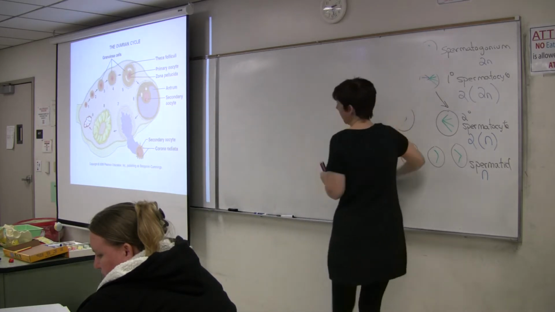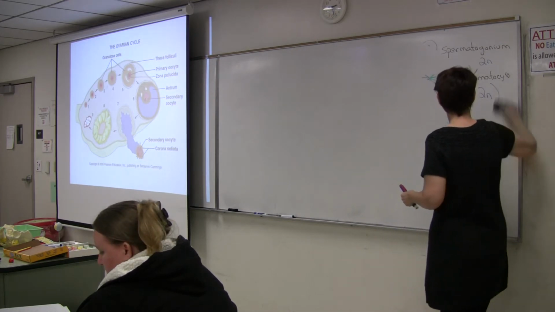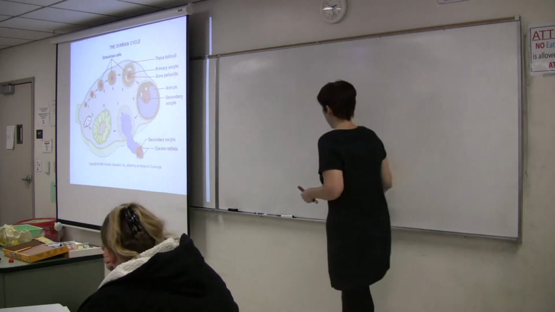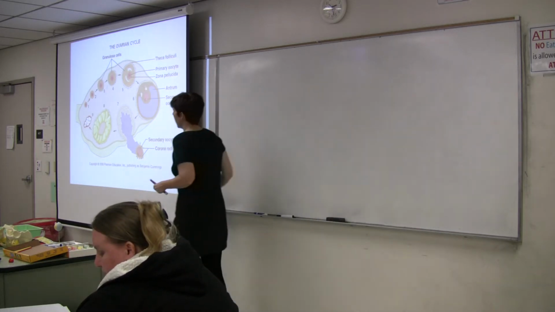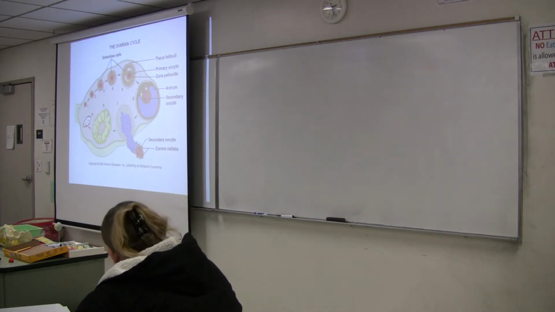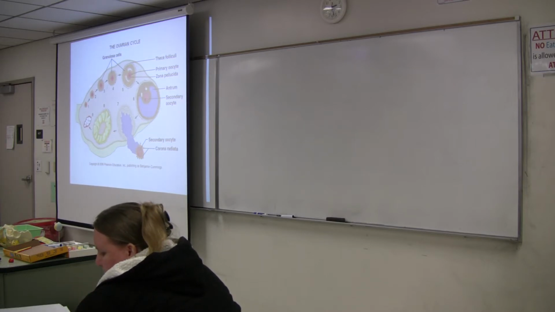One point that I want to clarify on any of these pictures or models of the ovaries is that the changes that are shown in these arrows are not correct in the implication that the egg is moving through the ovary.